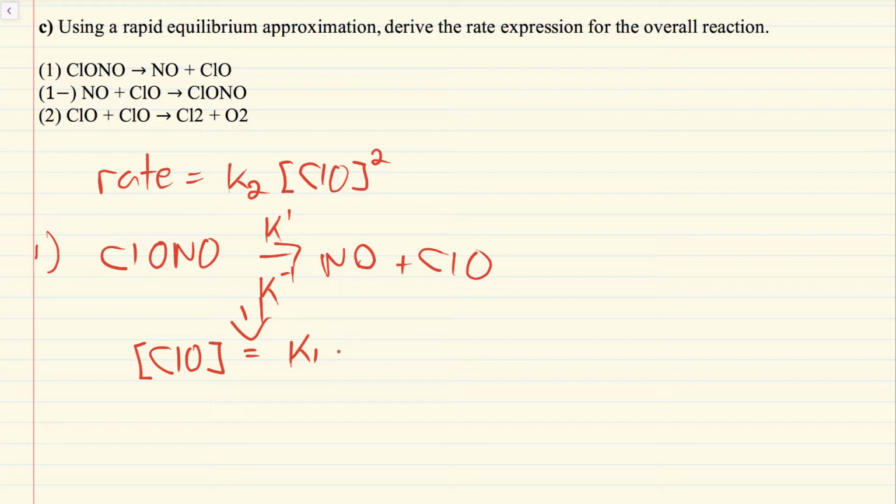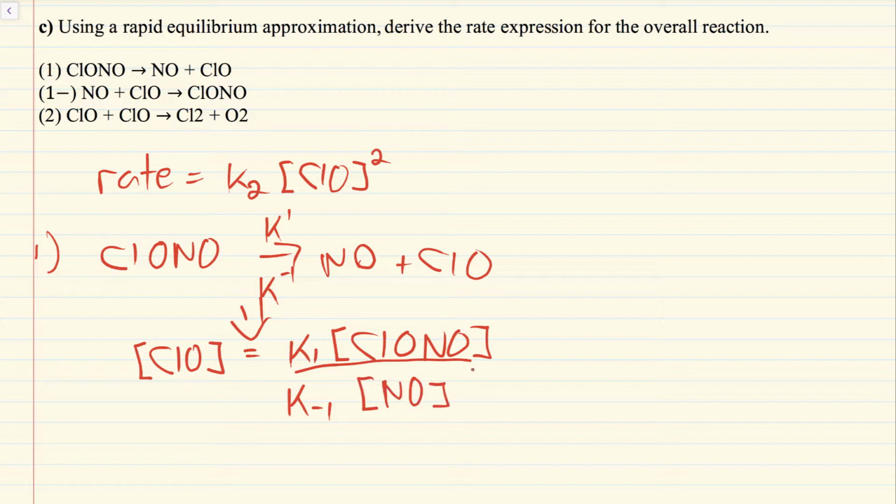So it's equal to K1 multiplied by the concentration of ClONO divided by the inverse of K1, so the reverse reaction, divided by the concentration of NO.